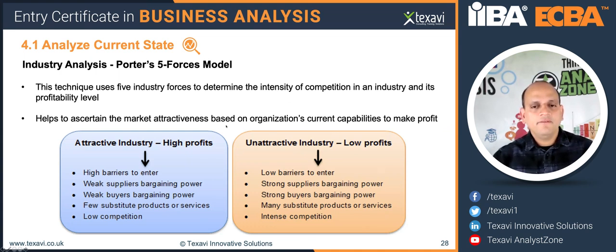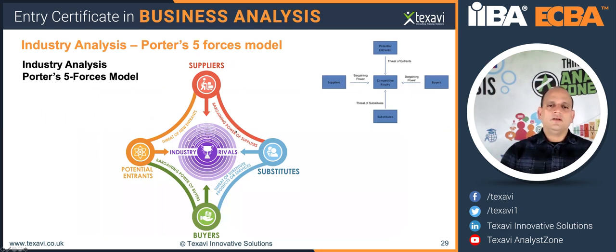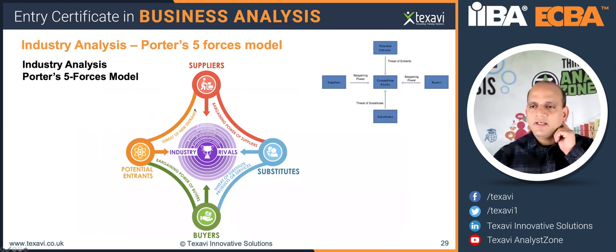So very useful. This is something that I put together to explain this in a better way. You've got suppliers, with different dimensions or angles to them, potential entrants, buyers, and substitutes. If not your company, somebody else. If not your product, some other product. Potential entrants is basically your entry barriers.